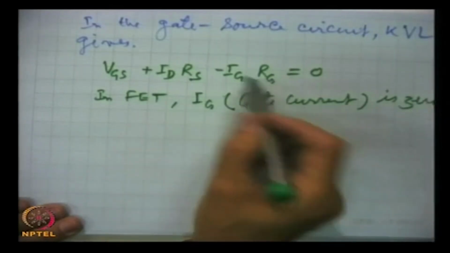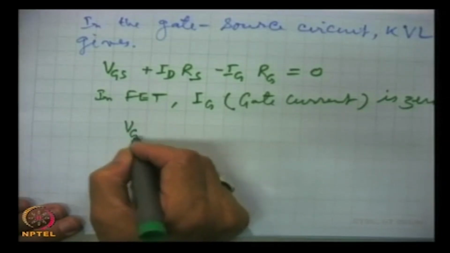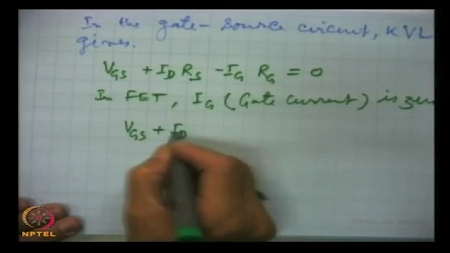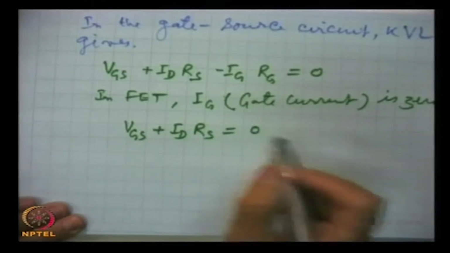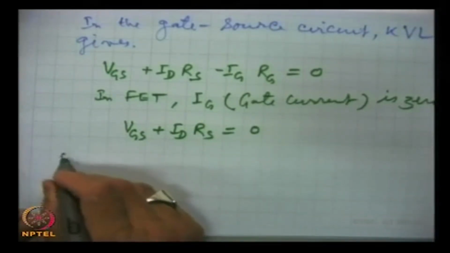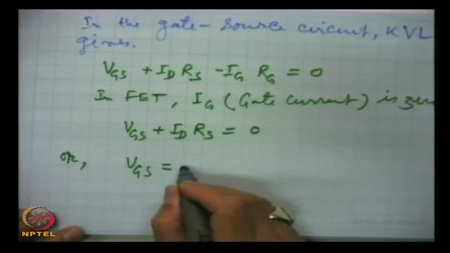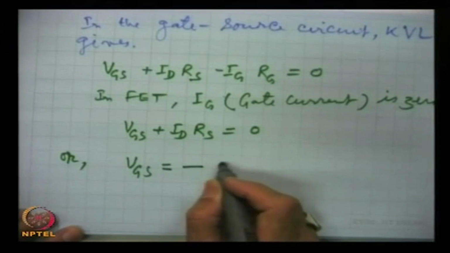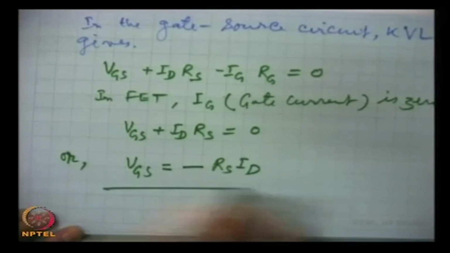So, when we put Ig 0 here, we get VGS plus ID Rs equal to 0, or VGS is equal to minus Rs ID.